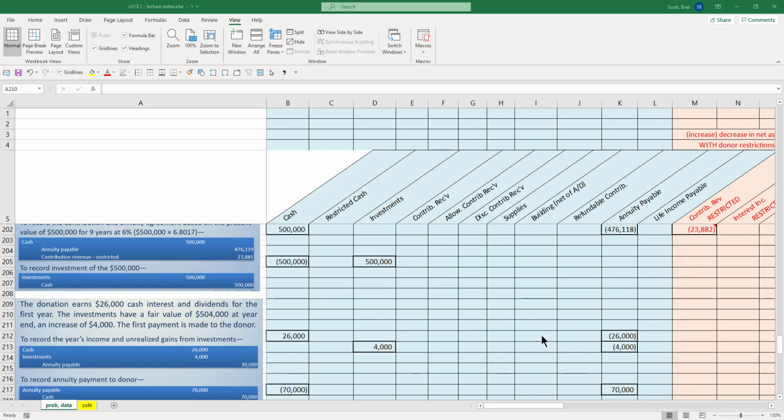Or more importantly too, if this donor passes away, kicks the bucket, dies, we get to keep, as part of the contract, whatever is left over. The annuity gets reversed out as unrestricted revenue if this person dies before the annuity is paid out. That's one of the reasons why we're happy to take the donation and invest it for this donor.